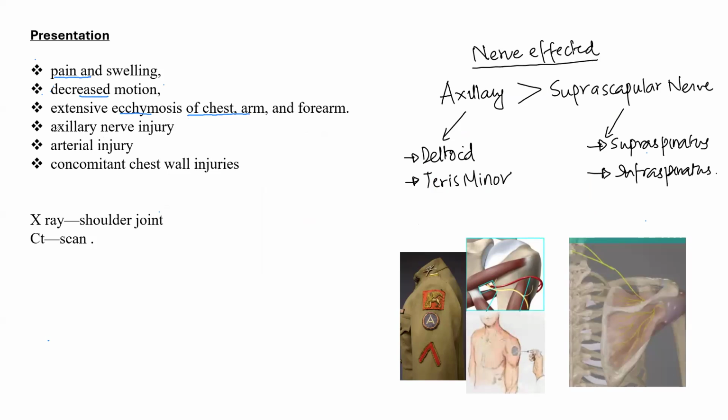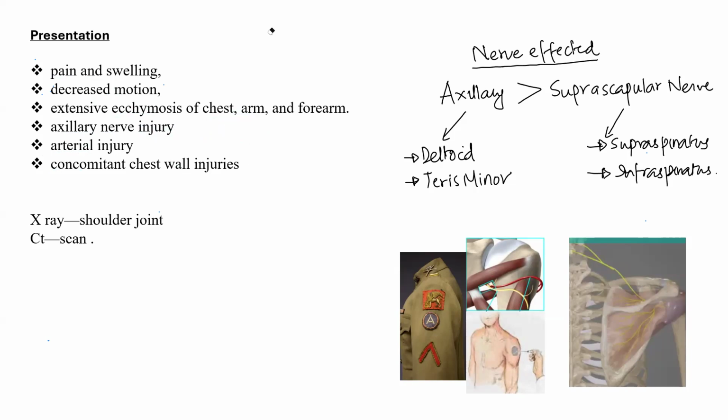Then we have involvement of the axillary nerve, so the regimental badge sign is positive. We studied the regimental badge sign in the previous shoulder dislocation discussion. The patient may also have arterial injury and concomitant chest wall injury in the form of rib fracture, or the patient may have emphysema. So these are the various presentations following proximal humerus fracture.